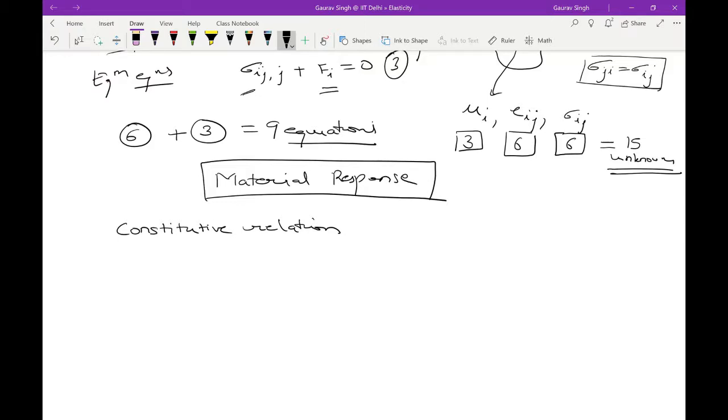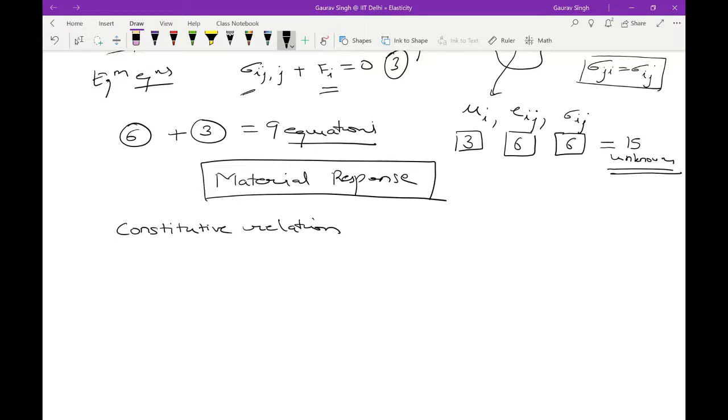A constitutive equation, or constitutive relation, is the relation or equation which characterizes the physical properties of materials. In this particular case, it is normally the relationship between force and displacement or stress and strain. So a constitutive relation in our subject is the relationship between stress and strain.